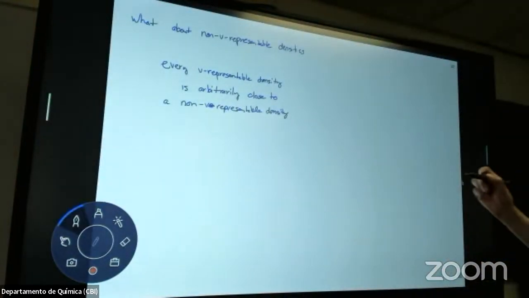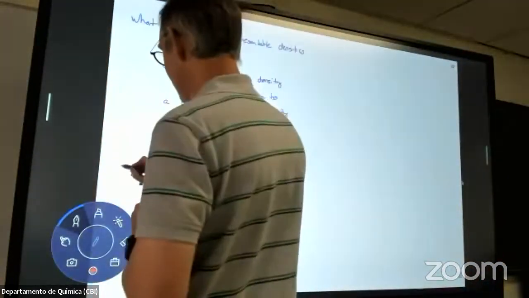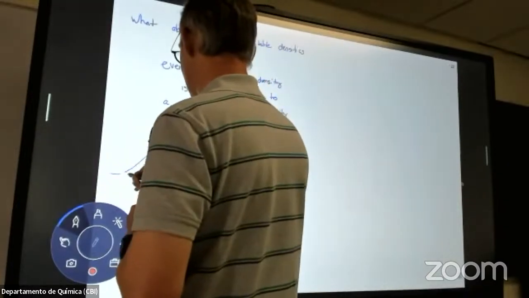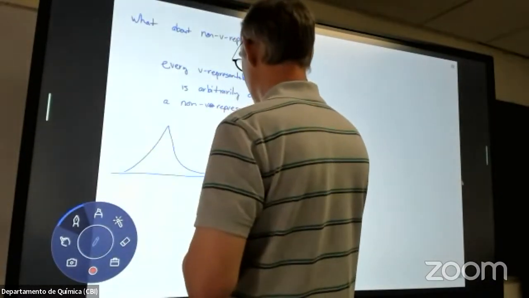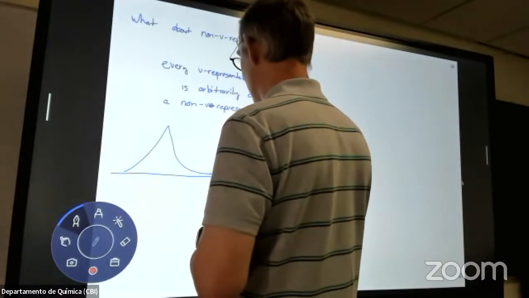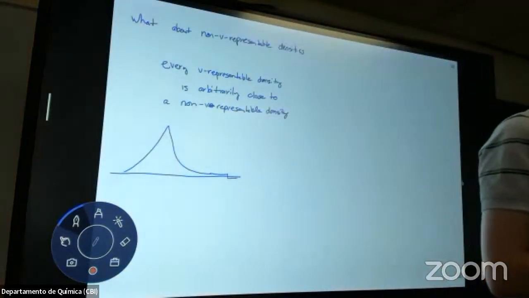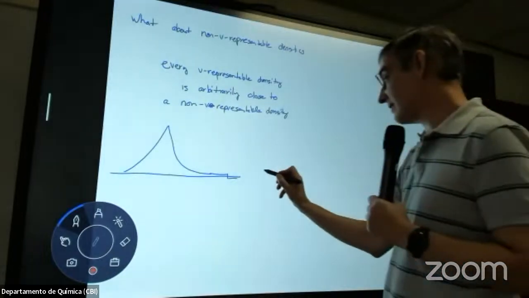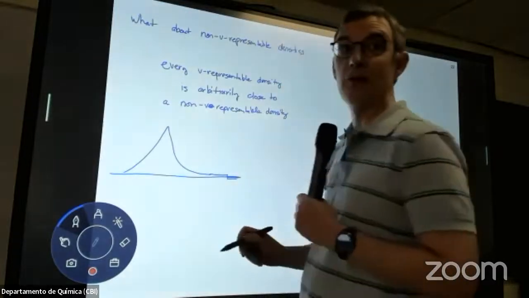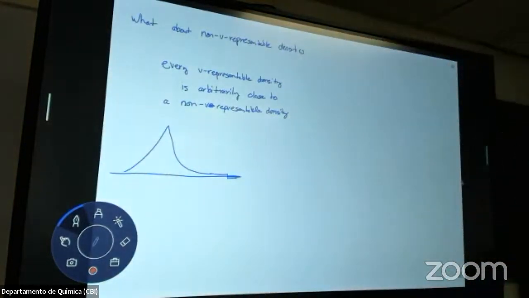And the easy example was, any density sort of has to look like this. And all I have to do is go sufficiently far out, and I'll make a very small change of a density, and I'll make the density go negative, or I'll make the density not even go negative, just go down to zero. And once it's hard zero, it's not V representable.